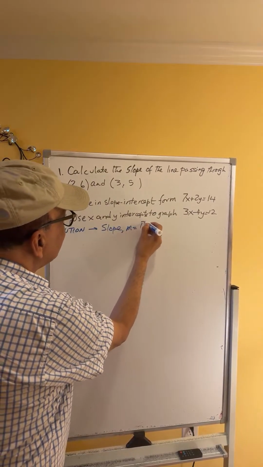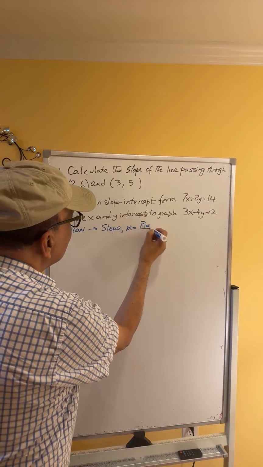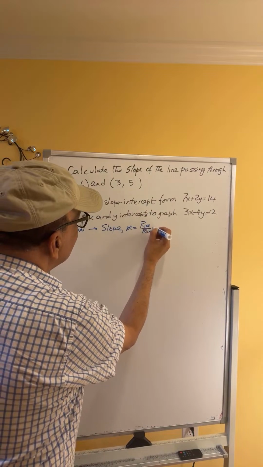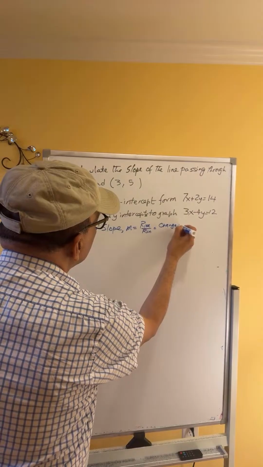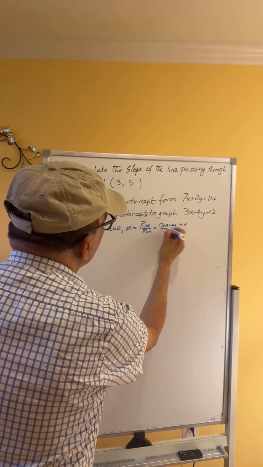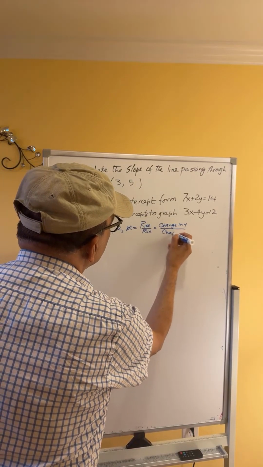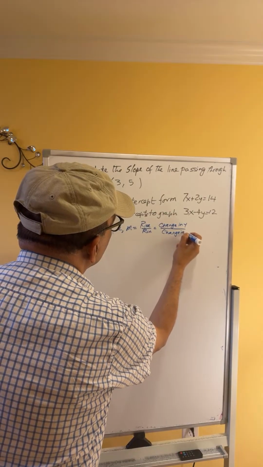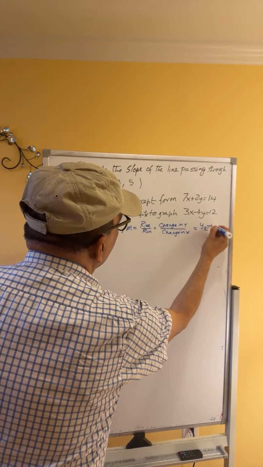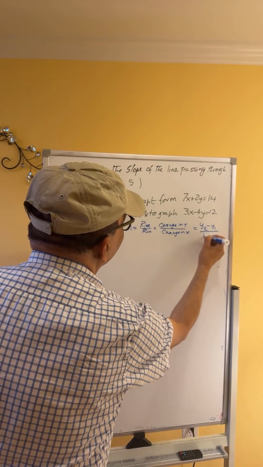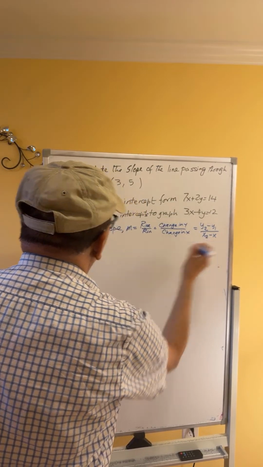M is rise over run, or change in y divided by change in x. That means y2 minus y1 divided by x2 minus x1.